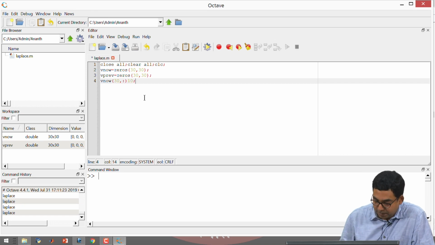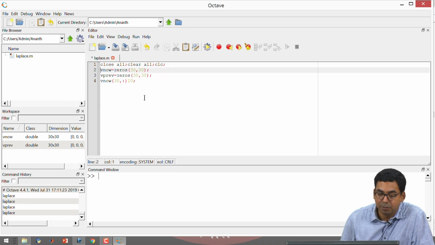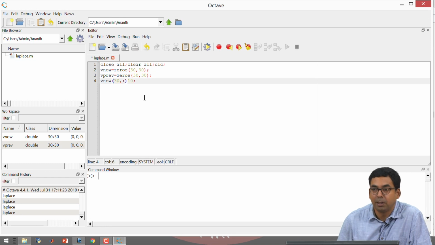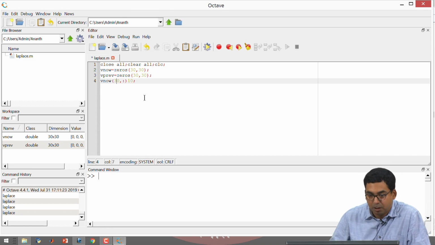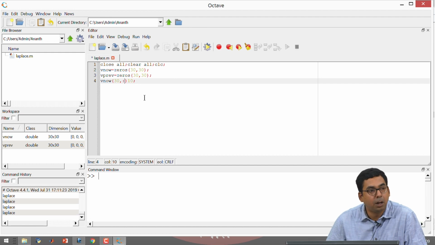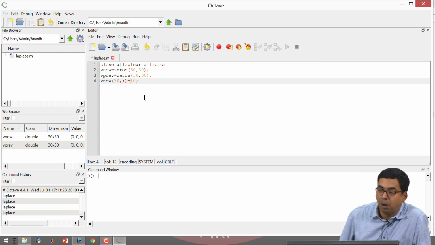What this one does is it takes the declared matrix from line number 2, takes the 30th row of that matrix, colon represents all columns in that particular row, and I am going to set that to value 10. So, the 30th row, all columns, is going to be set at the value 10.